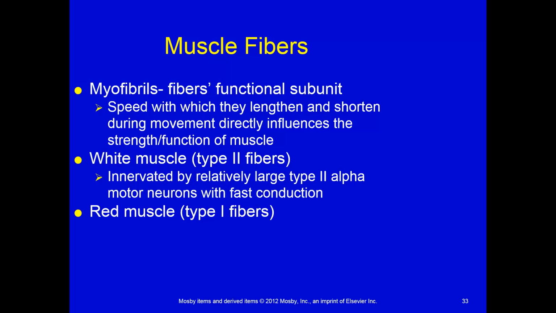As opposed to red muscle, or your type 1 fibers, these are your bigger postural contractions. This would be an example of your postural muscles, the muscles that allow me to stand up here upright and talk and stand for 2 hours, right?